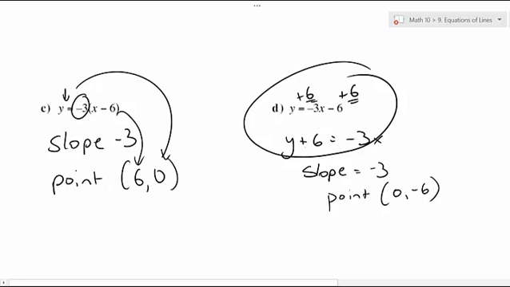Now we've got y plus 6 equals negative 3x. That gives us a slope of negative 3. We've got negative 6 being our y, and then we've got 0 being our x, because we don't have this x. We don't have it, it's x minus 0 basically, so we just put a 0 there, and that is the end of the lesson.